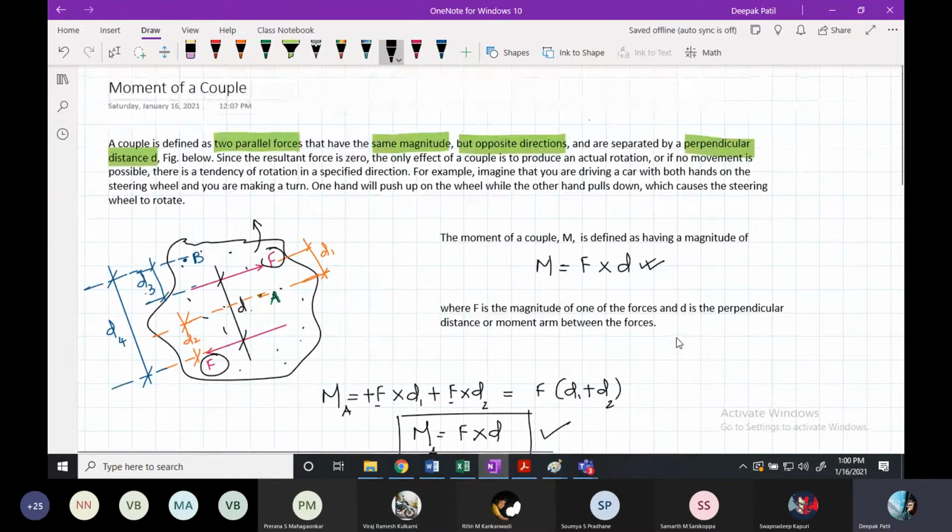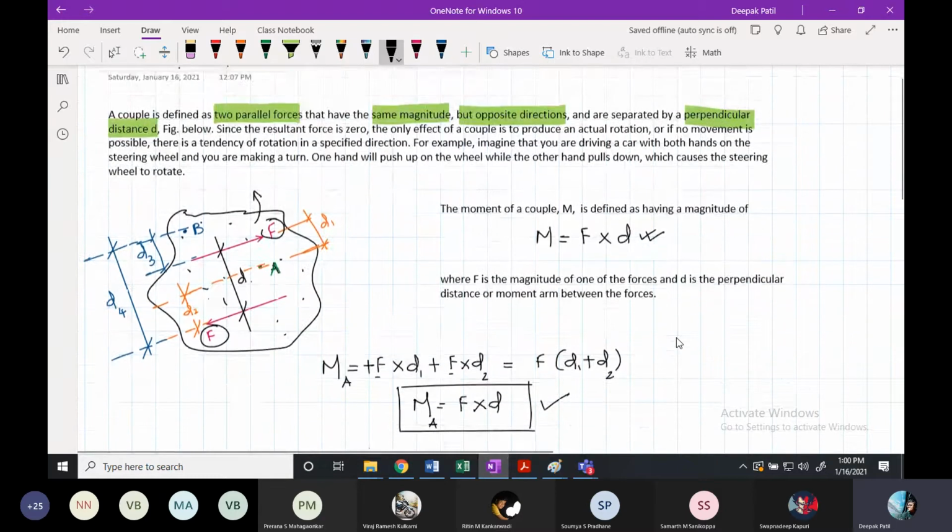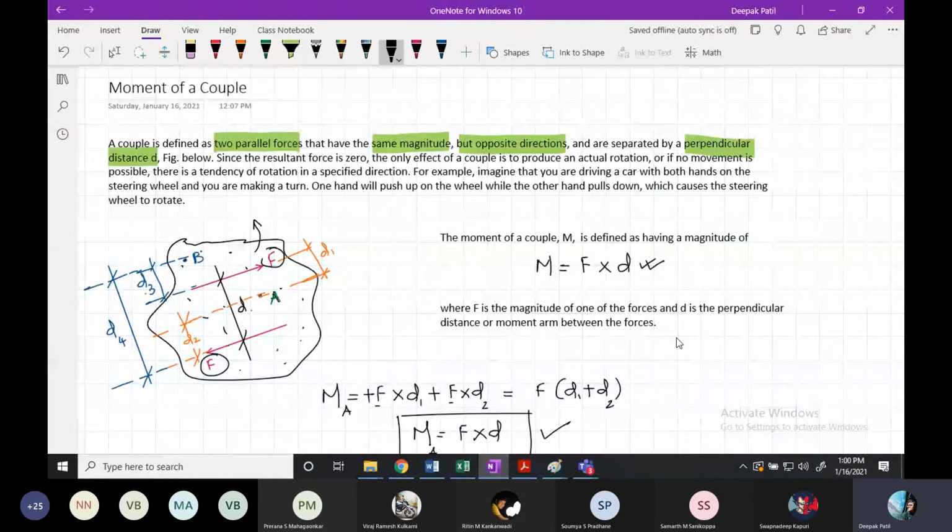Any doubts in understanding the concept of a moment of a couple? Simple. To form a couple, you should have three things. First, the forces should be parallel to each other. Second, the forces should have the same magnitude. Third, the forces should be in opposite direction, right? Of course, they should be separated by a perpendicular distance.